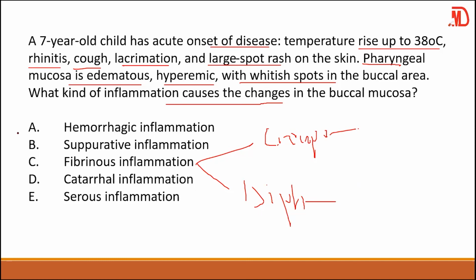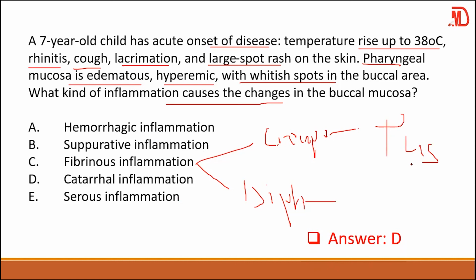So here we're having catarrh. Why? Because we're having rhinitis, cough, lacrimation, the mucous membranes, all of them are having problems. So we can term it as a catarrhal sort of inflammation. So your answer here should be D. Now, in suppurative, you are basically talking about pus formation, or a pyogenic sort of infection.